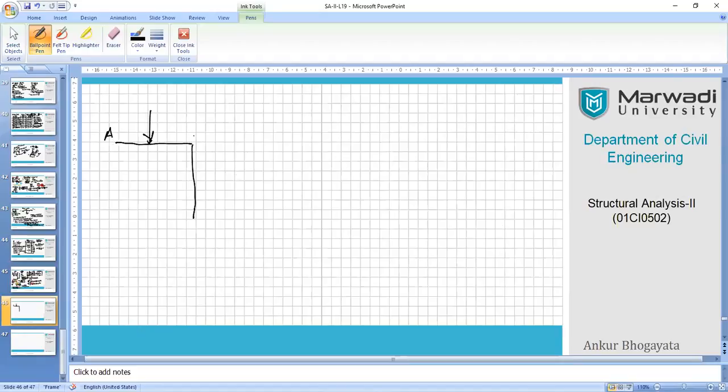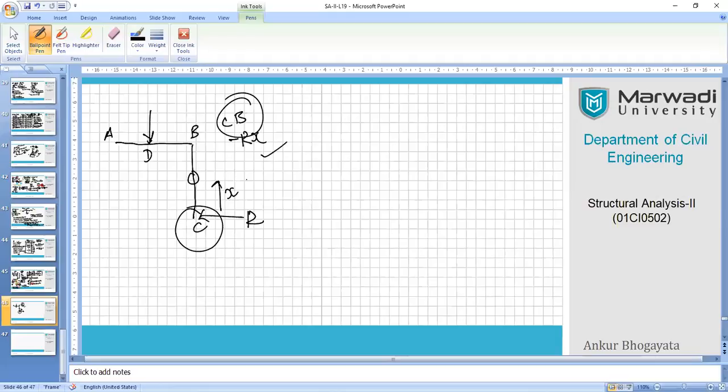This is our points A, B, C, and D. So what we did, we first of all selected the first segment as C to B, right? So whatever forces are available for taking a moment within this member, which was of course only the R, we took the moment in terms of Rx for segment CB. So its story is done.